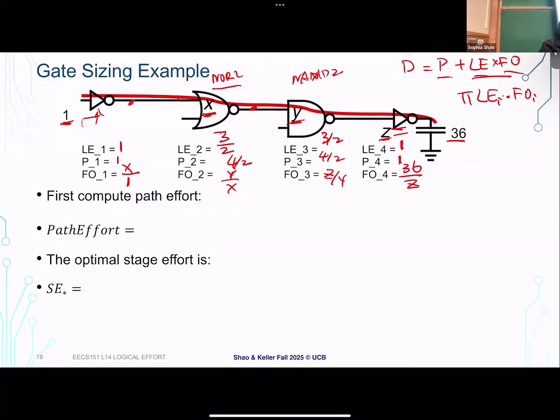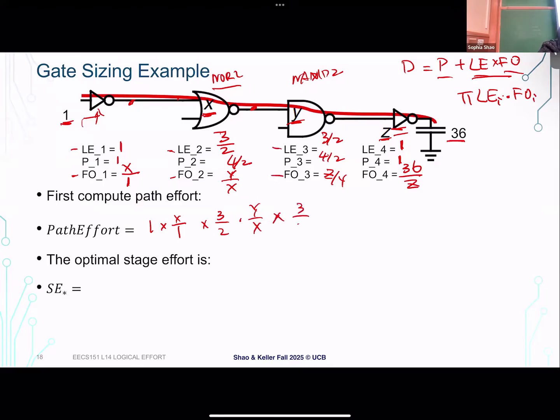That's the overall path effort. There are multiple ways to do this. For this one, we can take the path logical effort and fan out effort as the product of each individual logical effort and fan out effort.